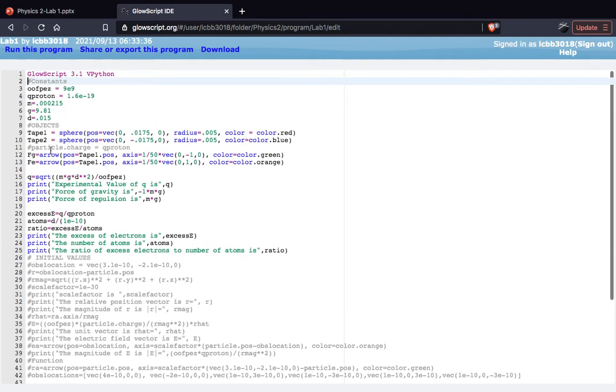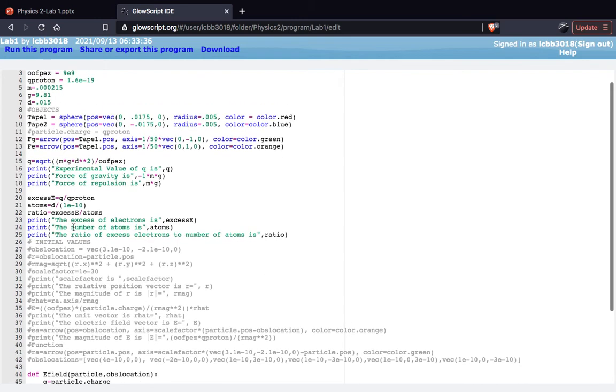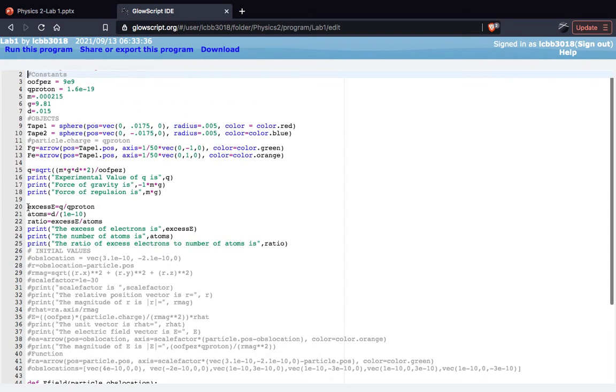And given our constants and the arrows depicting what's going on, we're also able to find the amount of excess electrons which act in the interaction, and then with the distance divided by the atom length, we get to find the amount of atoms, and thus the ratio of excess electrons to atoms, to show how much charge is given off.